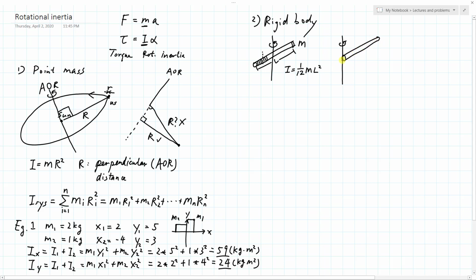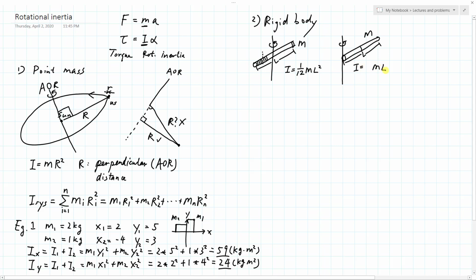So if you're holding over here, then even if they're exactly the same length and same mass, you can imagine this half of it is having the same contribution as this half. But this half, on the other hand, is further away compared to this half, which is closer by. So it must contribute a larger amount of rotational inertia, right? So as a result, we'll have a different fraction here.